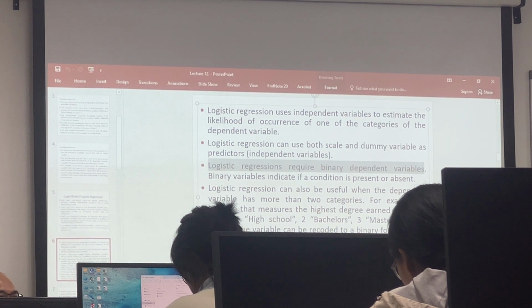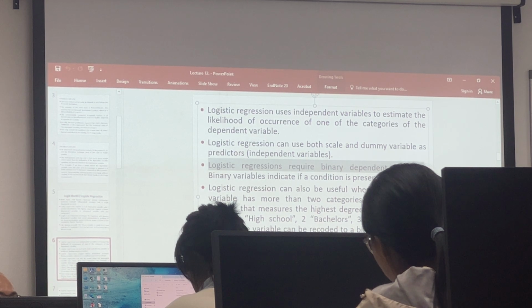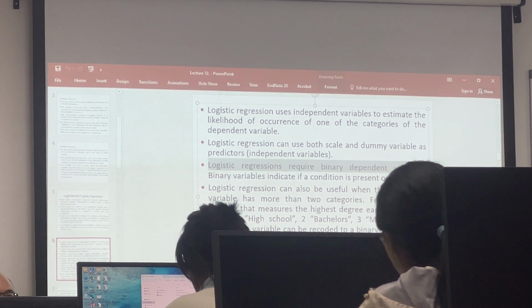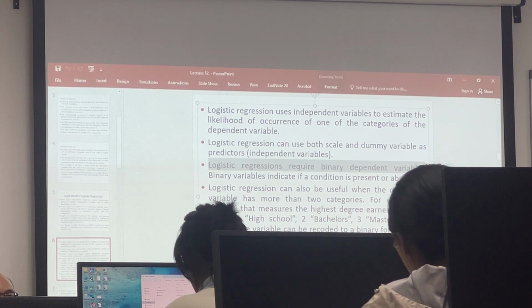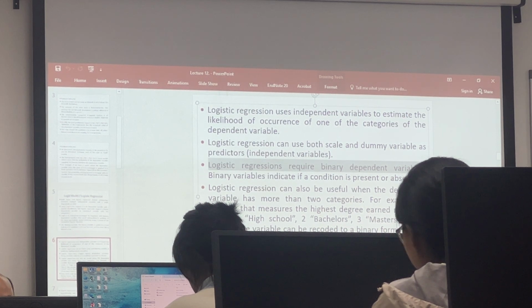So you can convert that scale variable to a dummy variable by splitting the values into two: values greater than a certain value go in one group, and values less than that go in another group. So only two categories now, two groups.